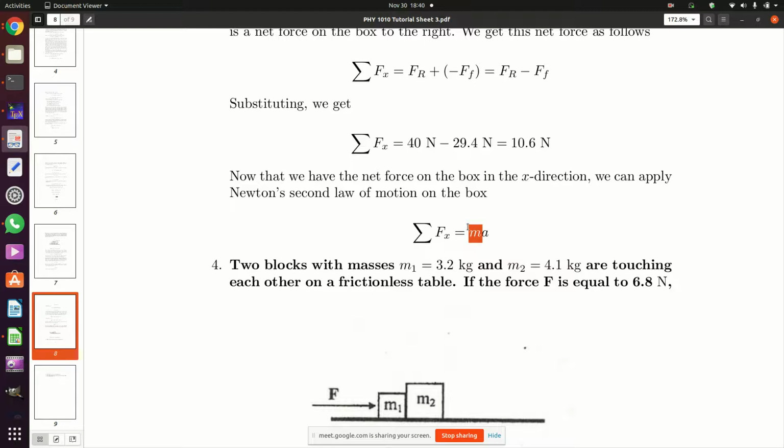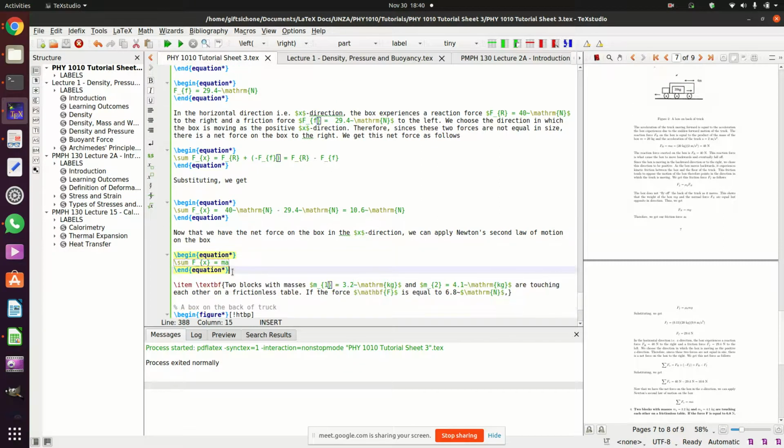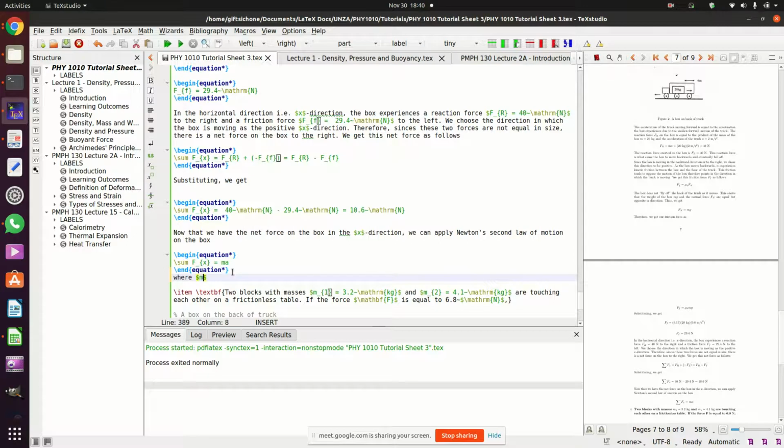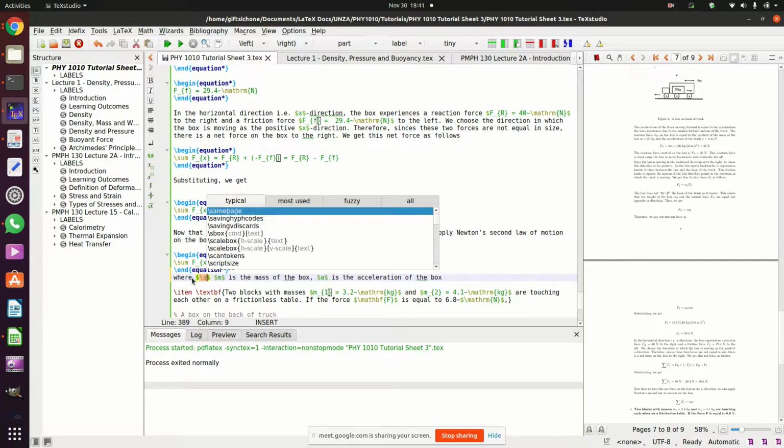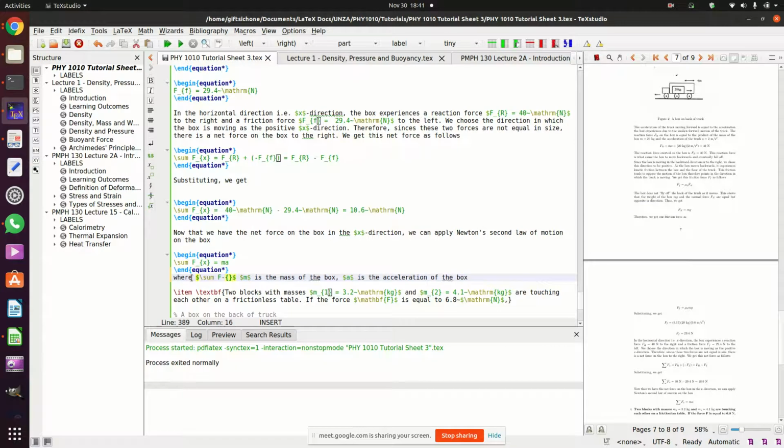The acceleration of the box is not equal to the acceleration of the car, as we are about to find out. So where m is the mass of the box, a is the acceleration of the box, and sum Fx is the net force on the box.